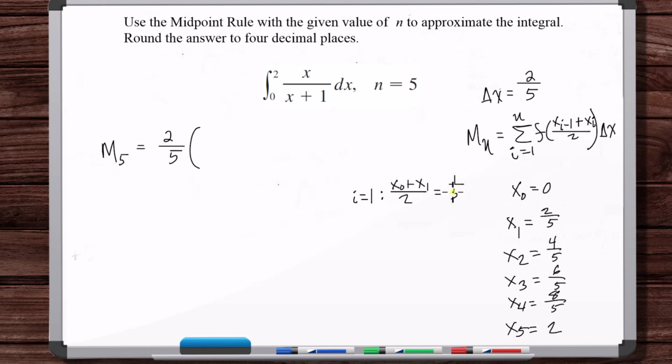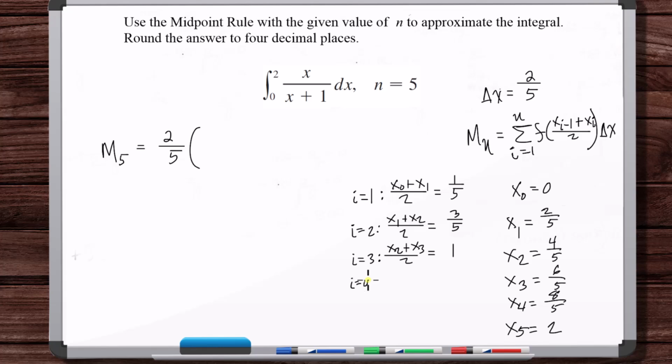That's 1/5. Okay, when i is equal to 2, we want x sub 1 plus x sub 2 divided by 2. That's 4/5 plus 2/5, 6/5 divided by 2 is 3/5. When i is equal to 3, x sub 2 plus x sub 3 divided by 2, that's 10/5, which is 2, divided by 2 is 1.